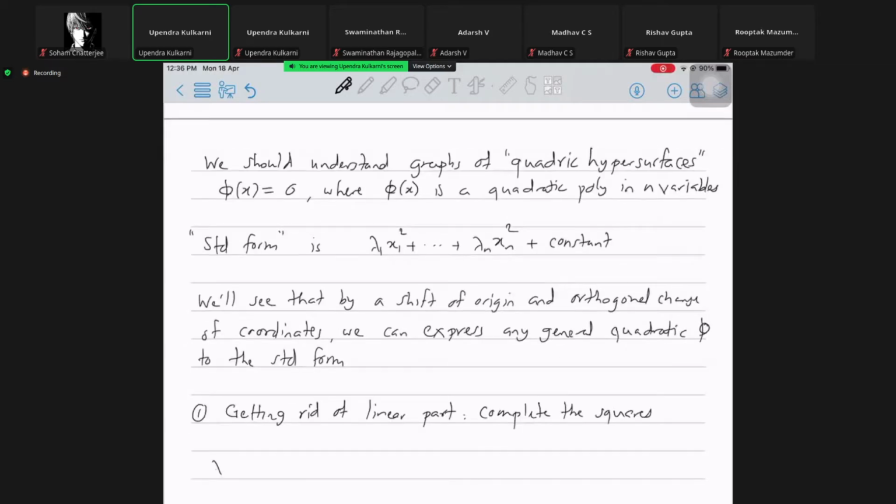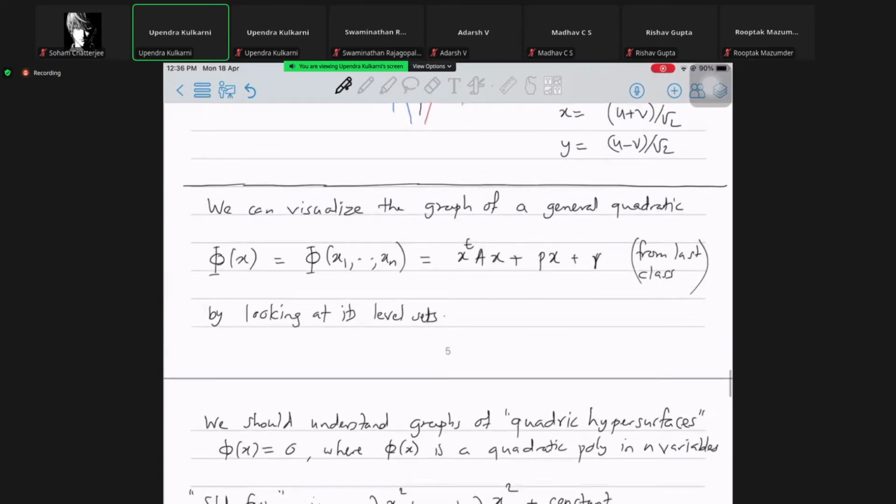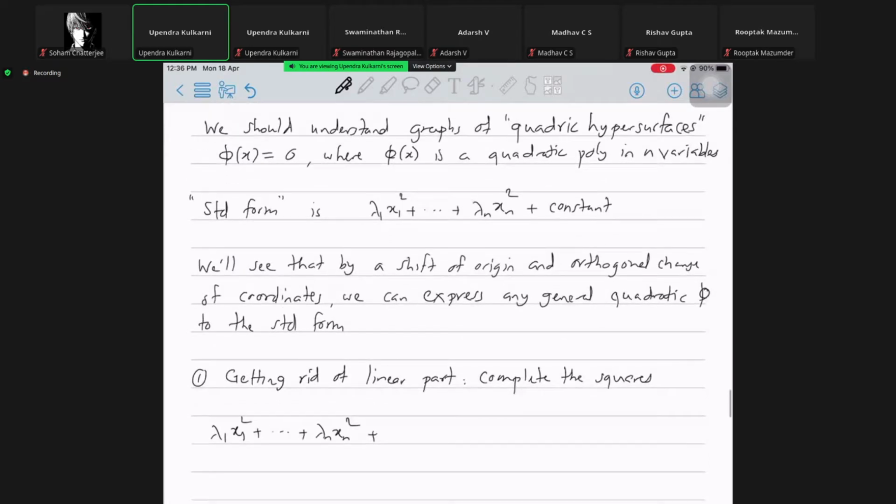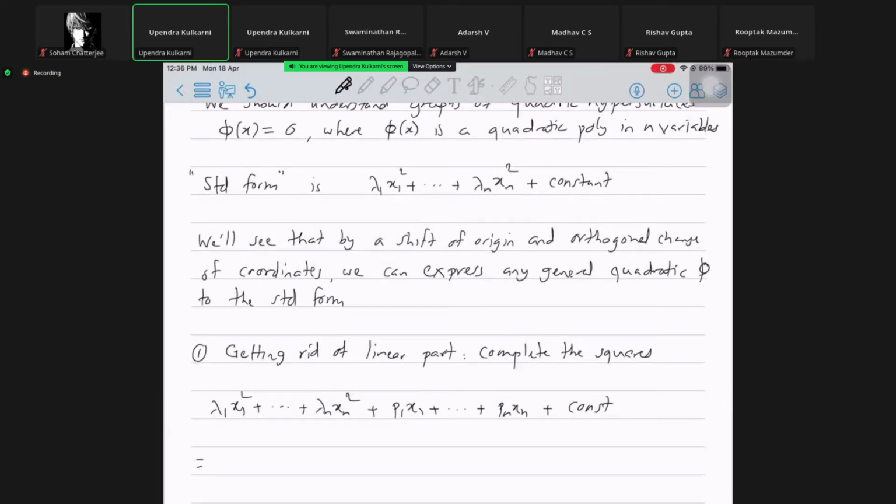If I just have something like lambda 1 x1 square plus lambda n xn square, and this linear part, remember what we had, the p times x, that means it will be of the type p1 x1 plus up to pn xn plus constant. So what is this going to be? This is going to be lambda 1 times x1 minus k1 the whole square plus up to lambda n times xn minus kn the whole square plus another constant.